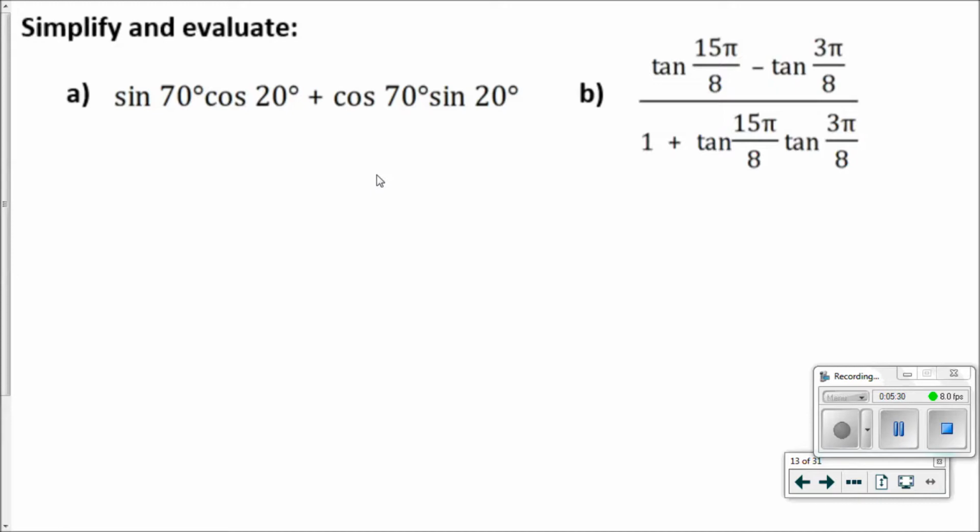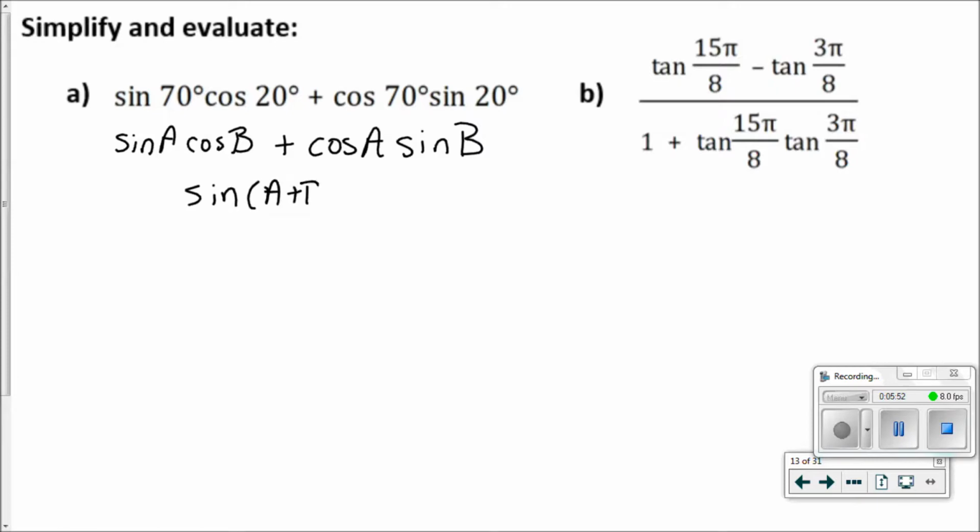And you can see that this is really the sine of A, where A is that 70, cosine B plus cosine of A, again A being the 70, and sine B. And this is really just our identity for sine A plus B.